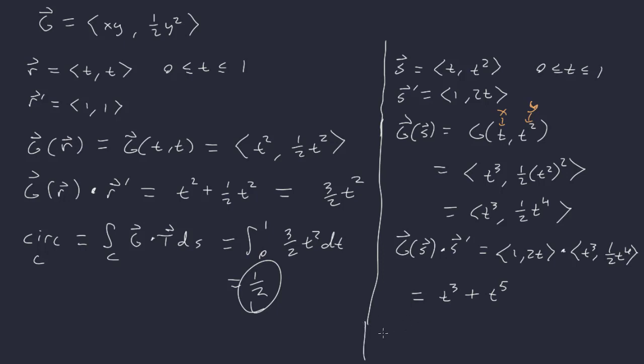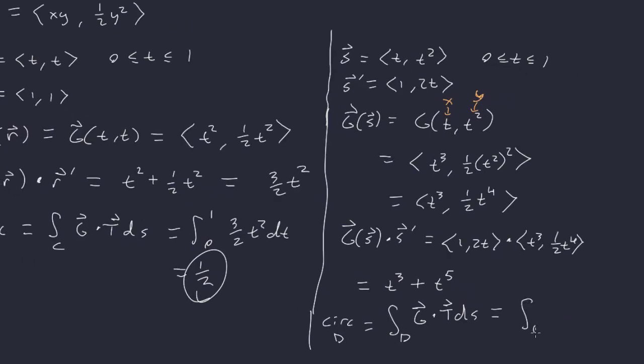Okay, so then the circulation over d will be the line integral over d of g dot t ds. So that will be the integral from 0 to 1 of t cubed plus t to the fifth dt.